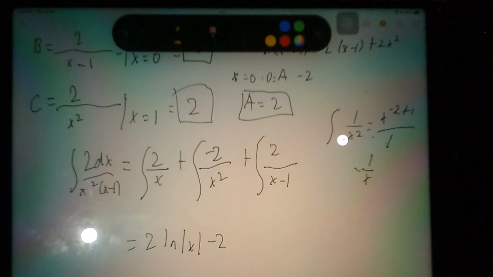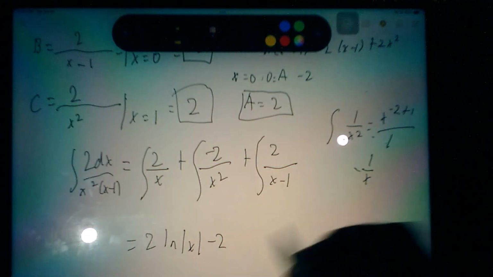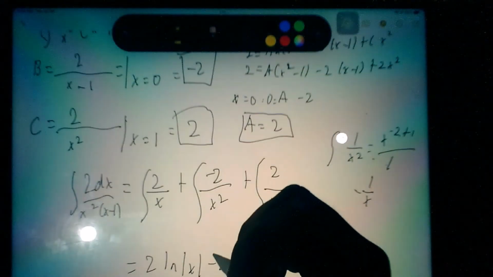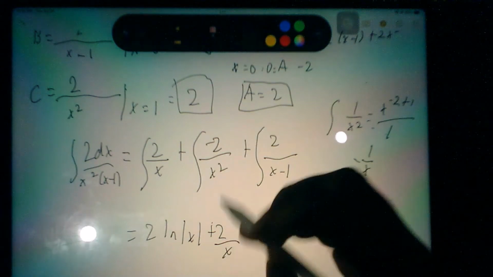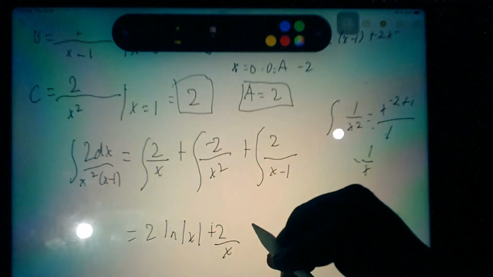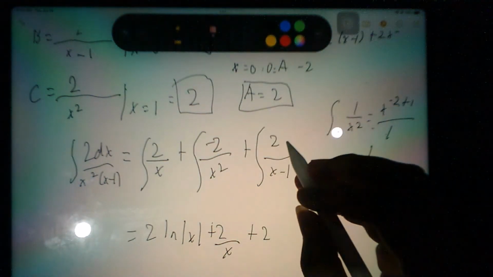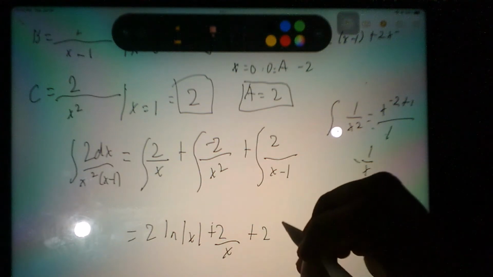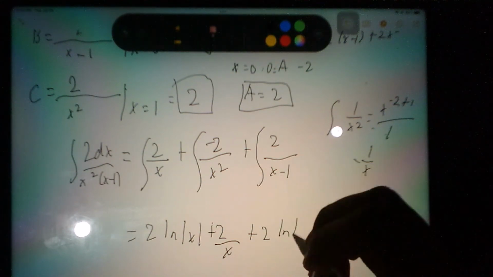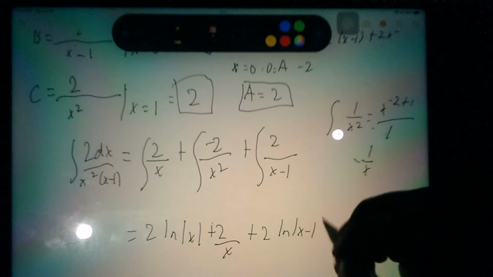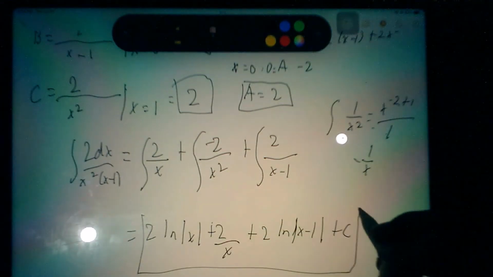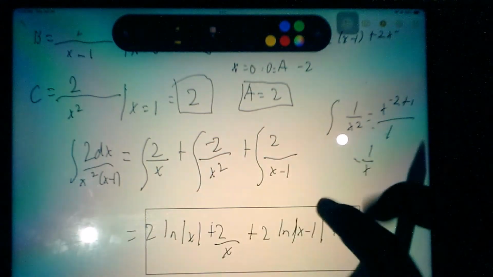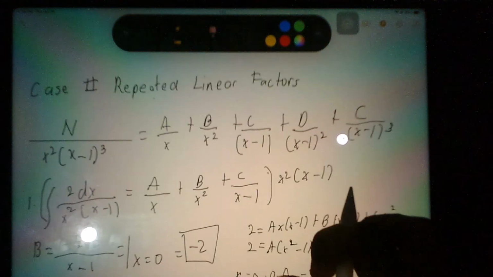This is negative 1 over x. So negative 1 over x times negative 2 is just positive 2 over x, plus 2 times 1 over x minus 1 is just equal to ln of x minus 1 plus c. So now this is our answer for problem number 1 under case 2.